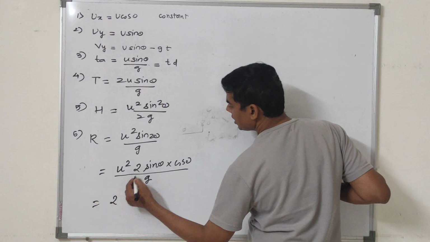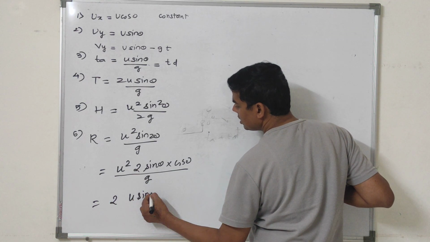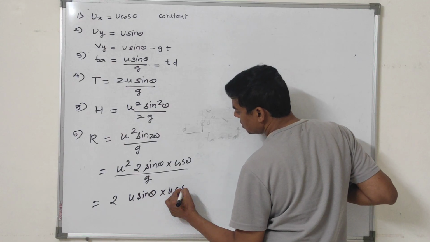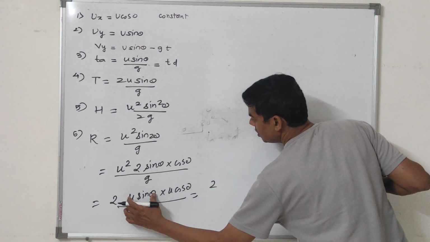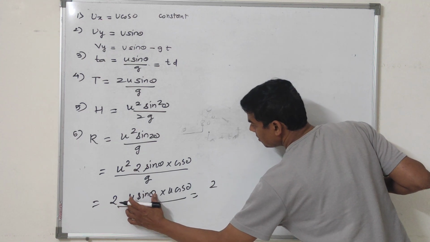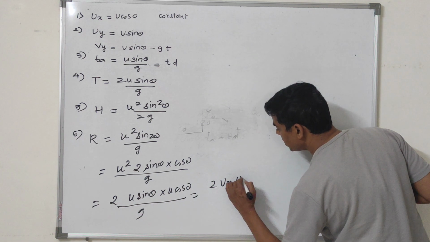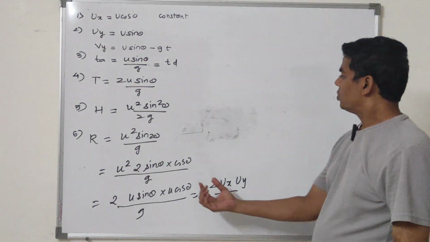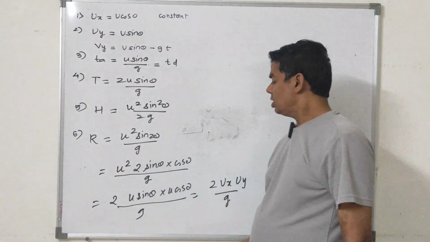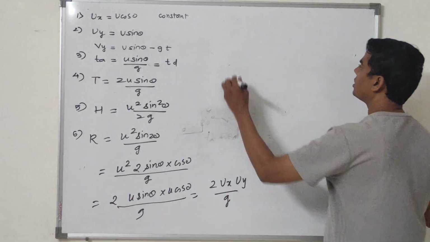Taking 2 in front, and splitting u square as u sine theta and u cos theta, upon g. This is the initial vertical component uy, and this is the initial horizontal component ux. So ux into uy upon g. This is the range of a projectile: u square sine 2 theta upon g, or 2 ux uy upon g. This is the formula for range of a projectile.